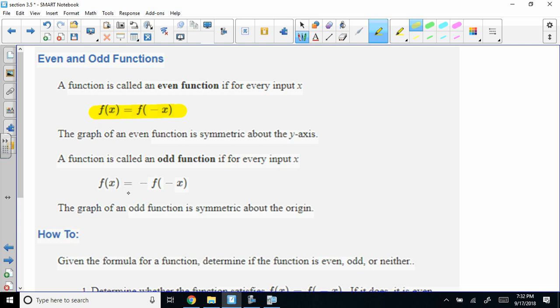But if it's odd, then the negative of negative x turns out to be f of x, then it's odd. Now, algebraically, you can chase yourself in circles on this, and I'll show you how to do it a lot easier, much easier, okay? And it works every single time.